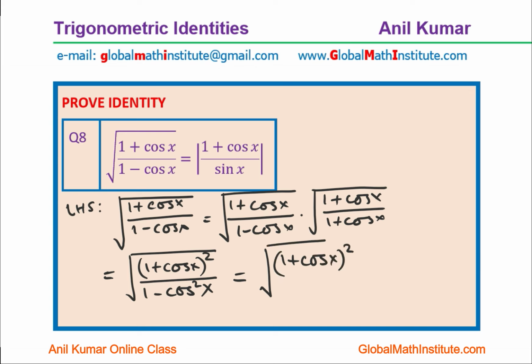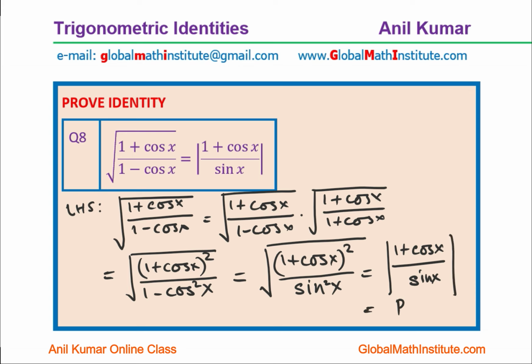I'm not opening the square root yet, but 1 − cos²x, we also saw recently, is sin²x, correct? So the square root of a square is the number with absolute value. And so we get (1 + cos x) over sin x, absolute value, which is the right hand side. And that is how you can prove it. Is it clear to you?